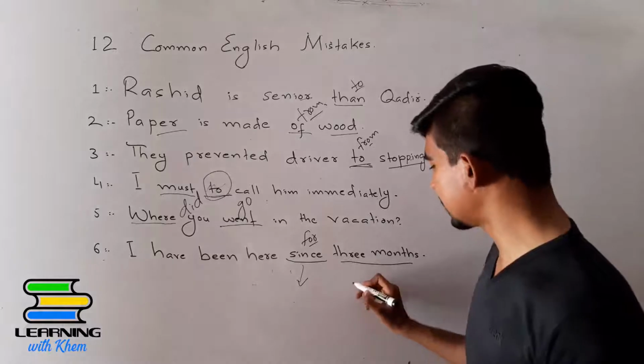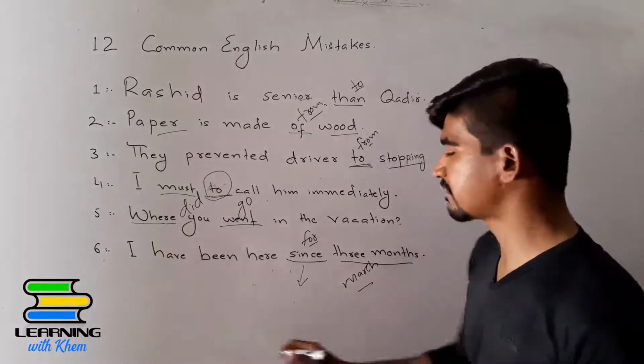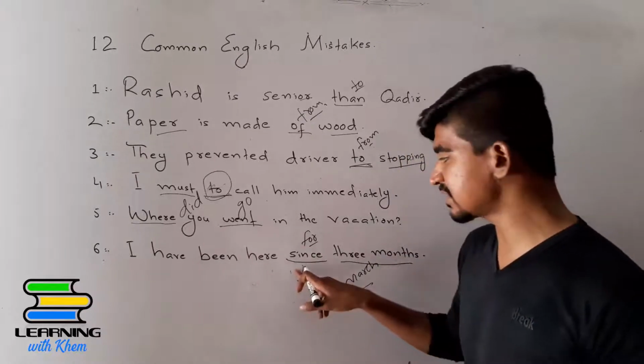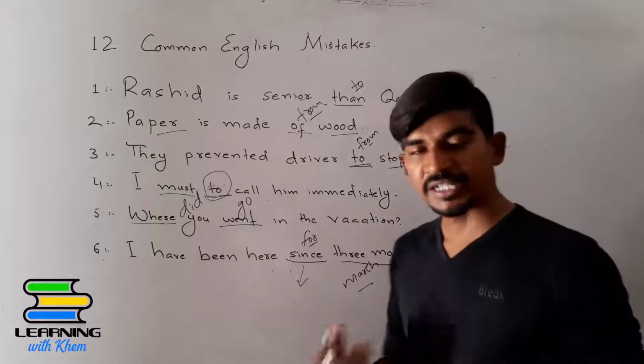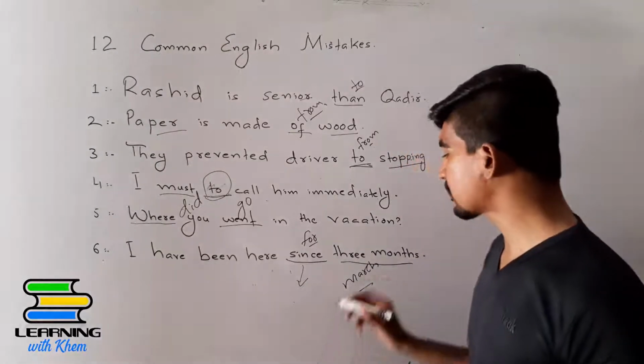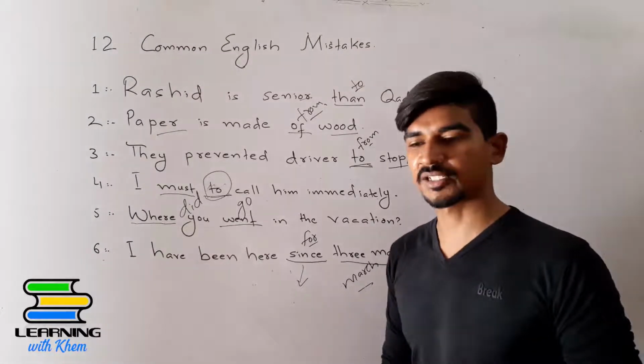If there would have been the name of March here, then we would have said "I have been here since March," because after "since" we need to write an exact point of time, not a period of time. When we are talking about a period of time, we will write 3 months, 4 years, 2 days.